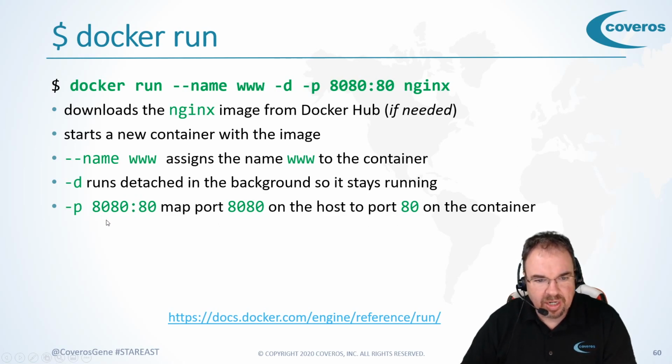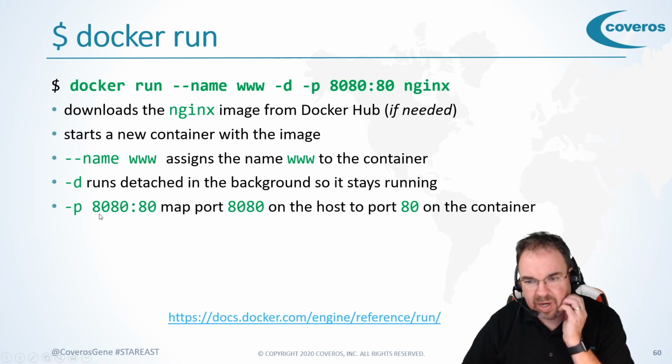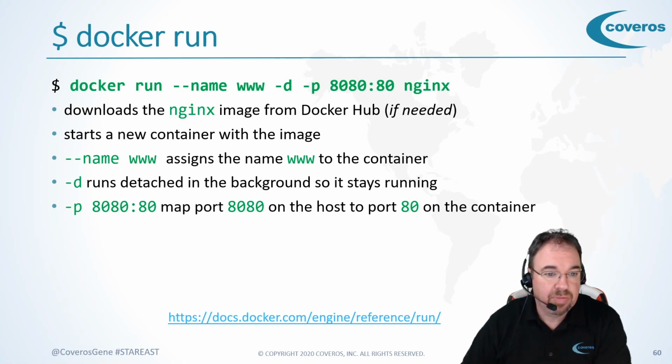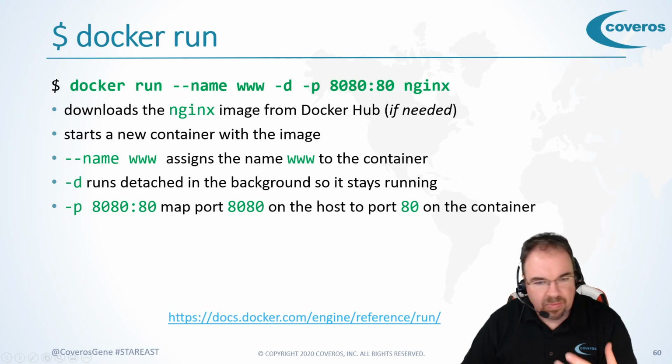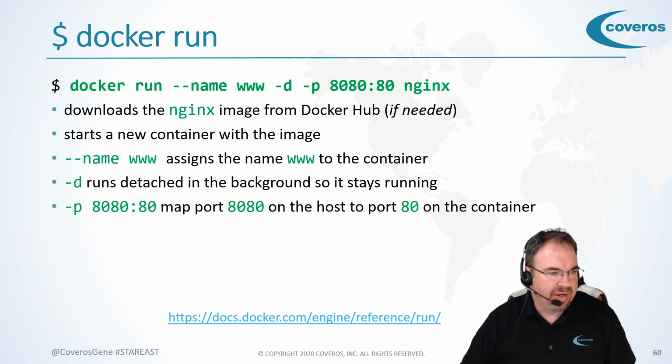This does two things. One, it does the mapping. It says, if you see port 8080, I want you to go to port 80 on the container. The other thing is this exposes port 80 on the container. Without this command, the container would not be open for anybody to hit anything on it, right? So we need to tell it to open up one of the ports. We're doing 8080 to show how it works here. All right, so we see it's up and running. We've got it going.